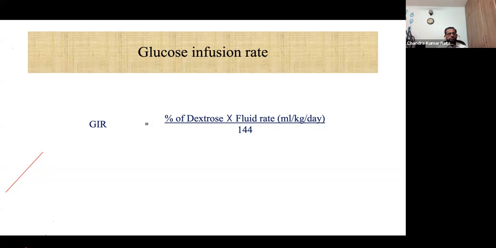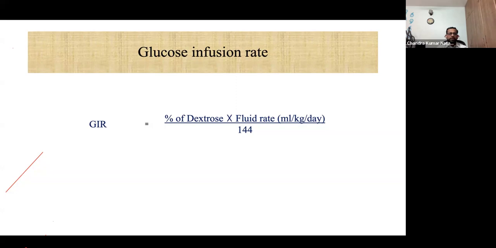The requirement will be around 6 milligram per kg per minute for a preterm baby, and 4 milligram per kg per minute for a term baby. In babies with hypoglycemia, we may have to use a higher GIR. Babies require higher GIR than adults. Adults usually require only 2 to 4 milligram per kg per minute.